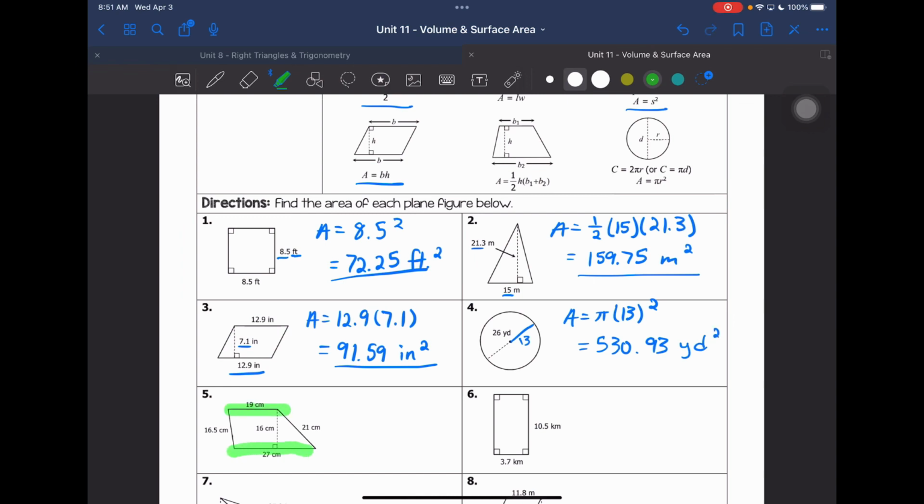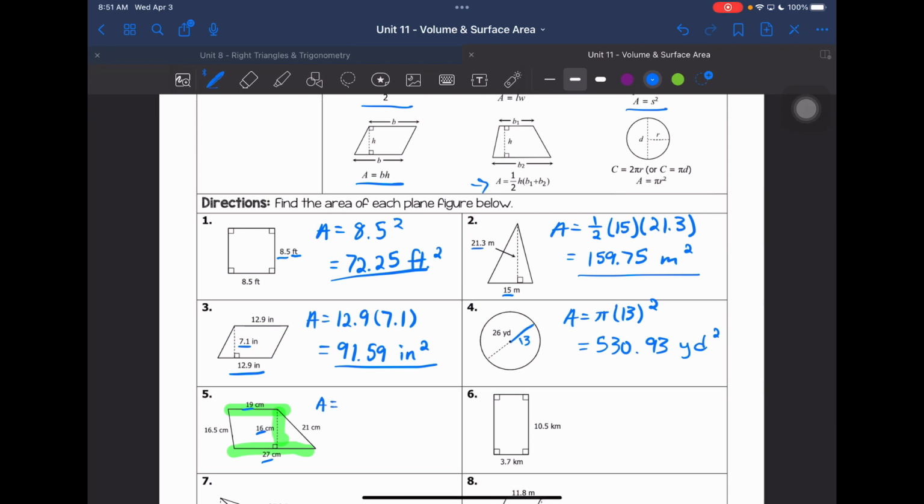Here's a base, and here's another base, and then the 16 is our height. Sometimes they'll throw in extra information just to throw you off, like the 16.5 and the 21. We don't need to know that because it's not part of the formula. If we wanted to find the perimeter, then that would be helpful, but right now we're just finding area, so we're only going to use the 19, the 16, and the 27, because this is our formula.